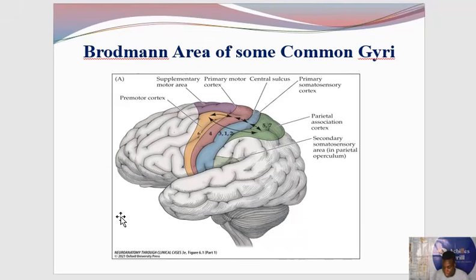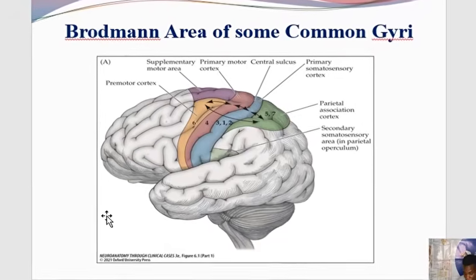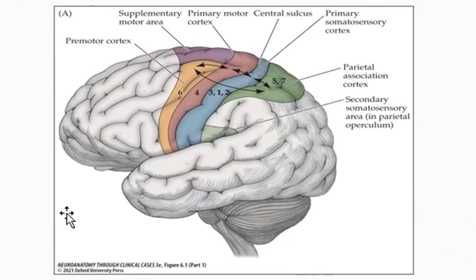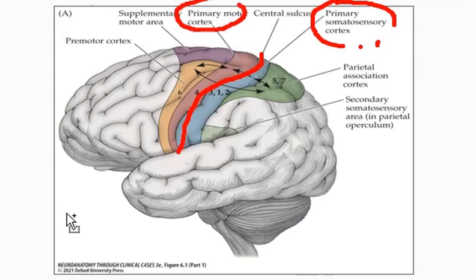Right now I want to draw your attention to some common Brodmann areas of the brain, specifically in this superolateral view. So we already established the central sulcus of the brain, which is right there, and the primary somatosensory area, otherwise called the postcentral gyrus, and the primary motor cortex, otherwise called the precentral gyrus.